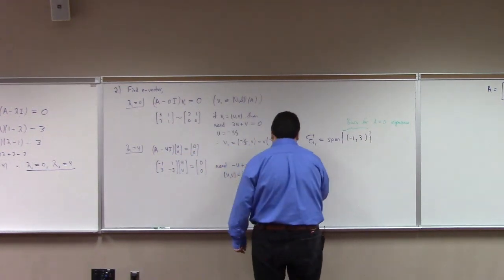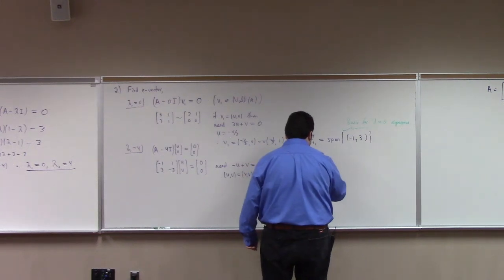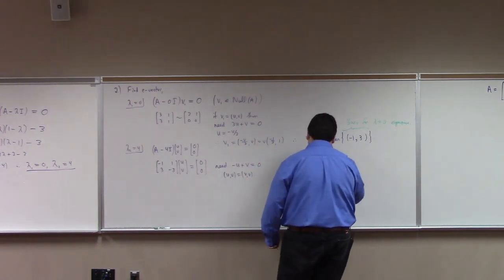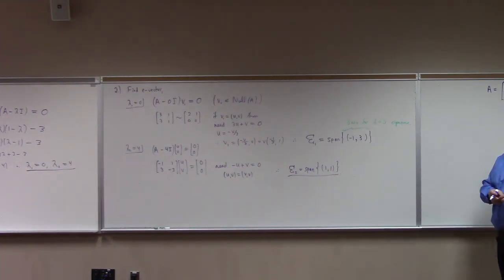So E2 would be the span of (1, 1). So finding eigenvectors is just doing a null space basis calculation, right?